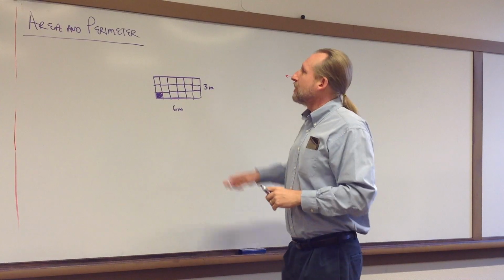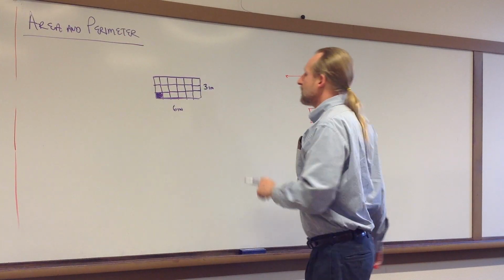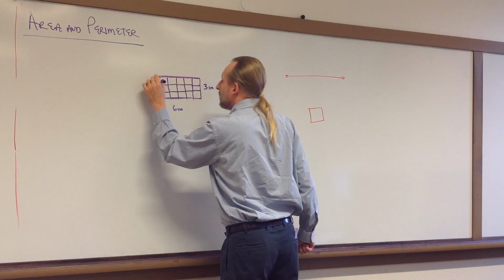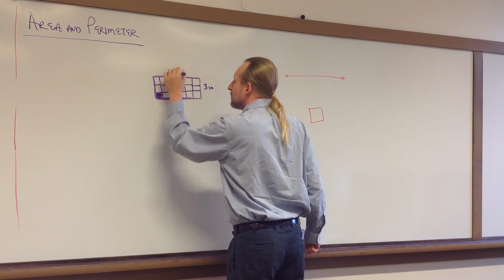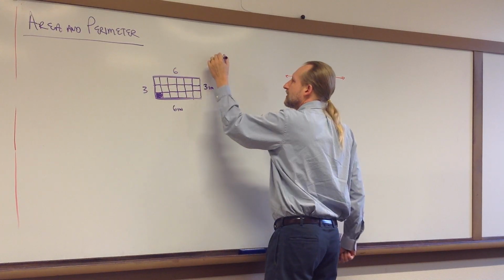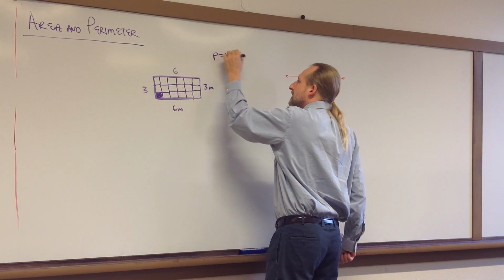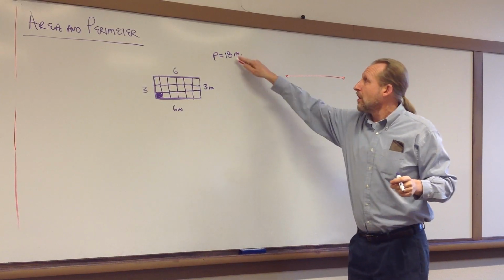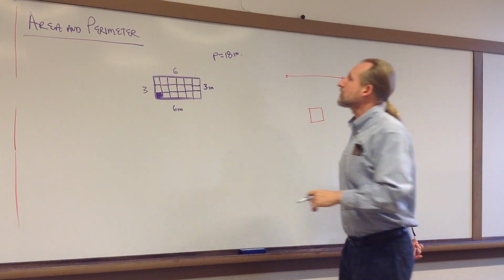So the perimeter is measured in 1 dimension, and that perimeter is going to be the distance around the outside of the figure. So you've got 2 sides of 6, 2 sides of 3, 12 and 6 is going to be 18 inches. Notice that the perimeter units are just linear units.